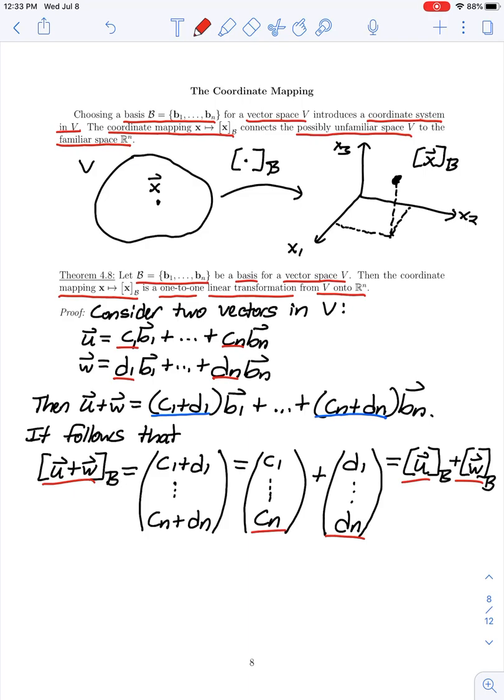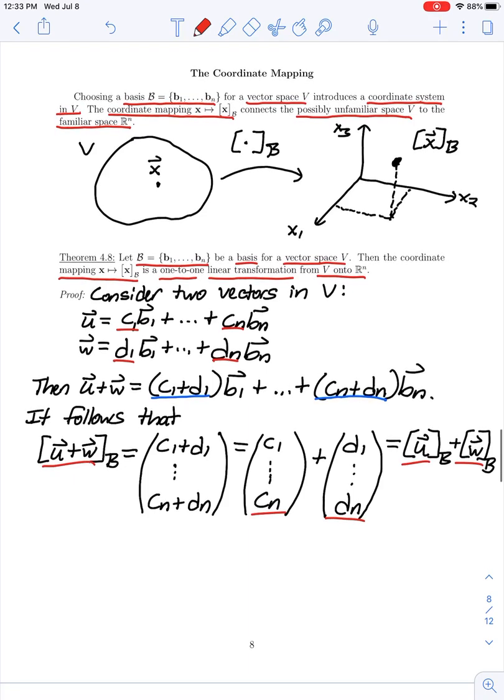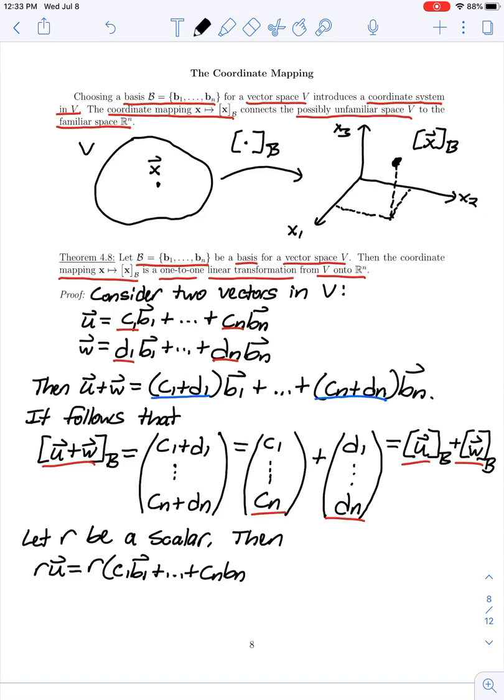Now we still need to show for linearity that this preserves scalar multiplication. So let us consider a scalar, say r, and let's consider the vector r times u. That is r times u, which was c1 b1 up through cn bn.